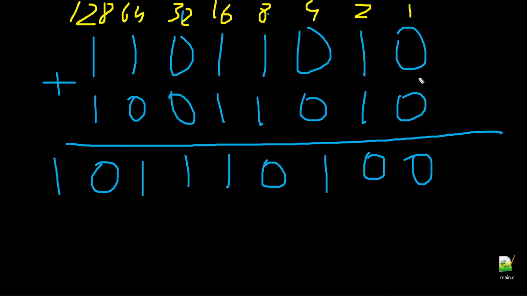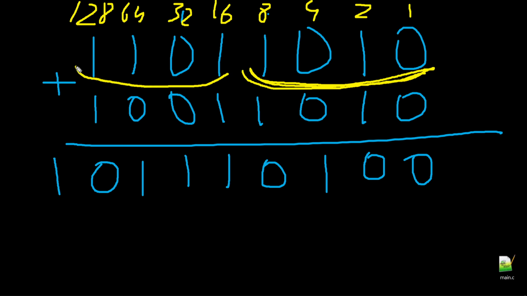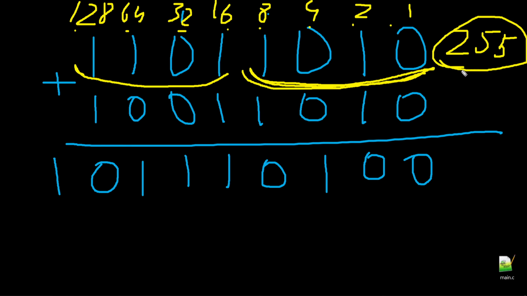You can remember it easily by noting there are 4 numbers here and 4 numbers here, so 8 numbers, and the top is always 128, because the maximum amount for 1 byte is 255. The sum of all these is basically 255.